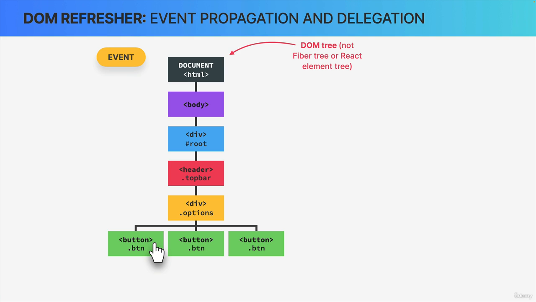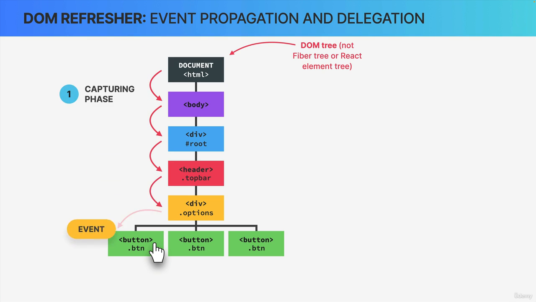From there, the event will then travel down the entire tree during the so-called capturing phase, all the way until it reaches the target element. And the target element is simply the element on which the event was actually first triggered. So at the target, we can choose to handle the event by placing an event handler function on that element, which usually is exactly what we do.